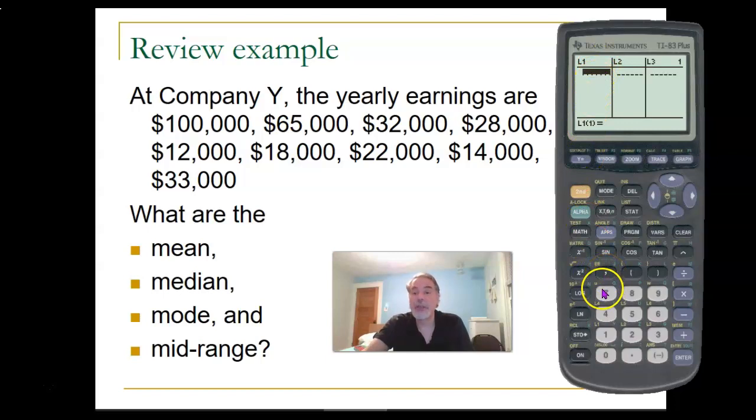So now I'm going to put in the numbers. I'm going to punch in 100,000, and hit Enter. And then punch in 65,000, Enter. 32,000, Enter. 28,000, Enter. 12,000, Enter. 18,000, whoops, that was one too many zeros.